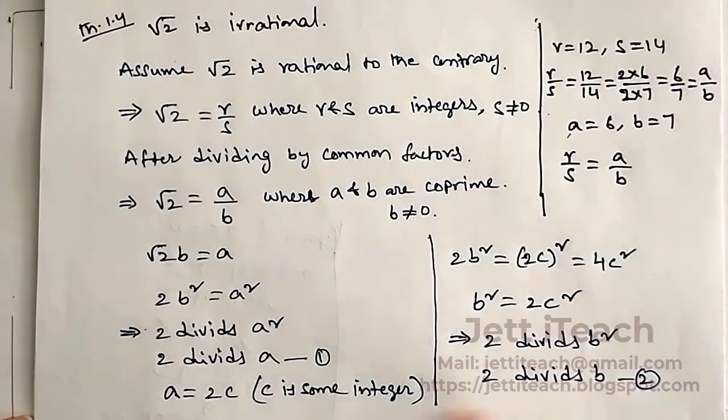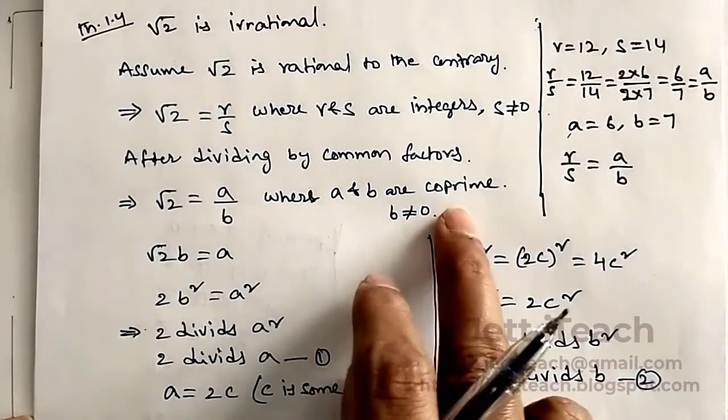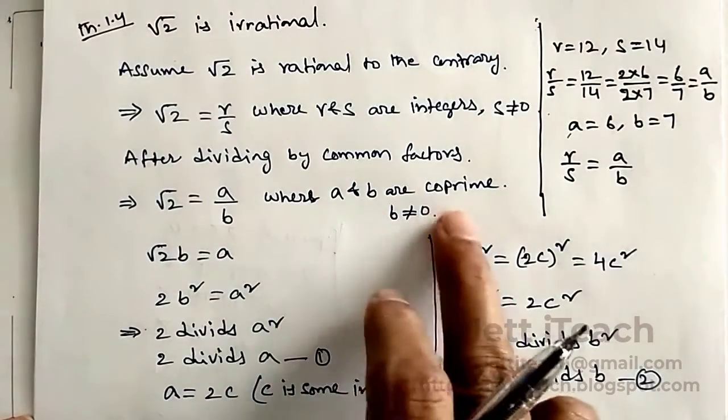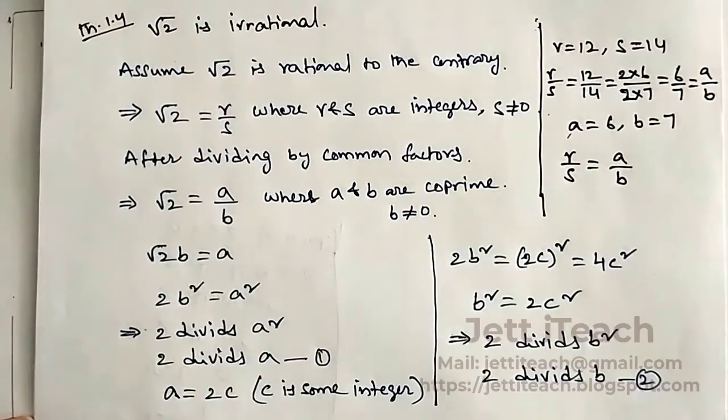Okay, but what you have written here, both are co-prime, means no common factors.